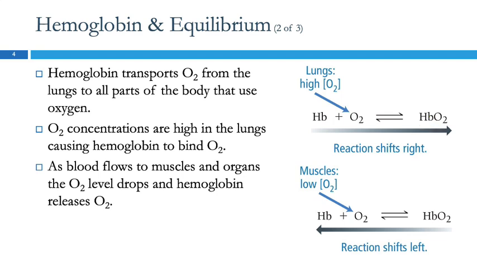As the blood goes through your body and comes to muscles that are low in oxygen, this is lower now, and the chemical equilibrium, in my mind, says, hey, I didn't like that, and so it's going to shift this way to release oxygen. So this is a very cool chemical reaction that allows our blood to take oxygen from our lungs and distribute it to the tissues that need oxygen. Any questions about that?